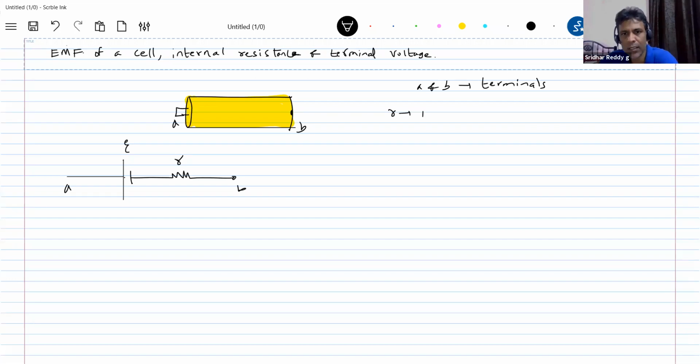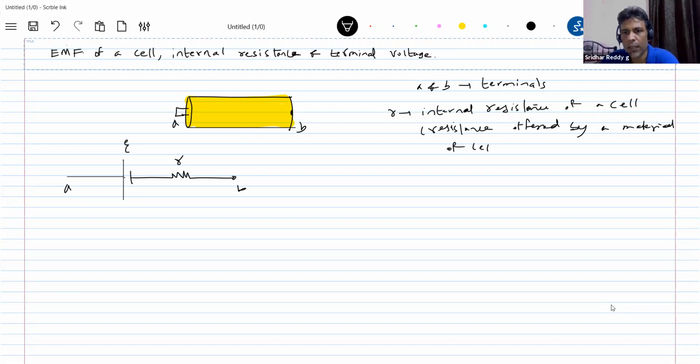So what is the internal resistance of a cell? It is the resistance offered by the material of the cell to the flow of charge.